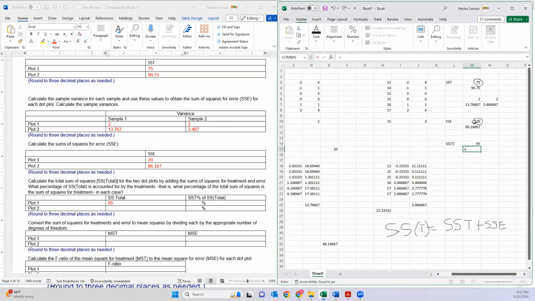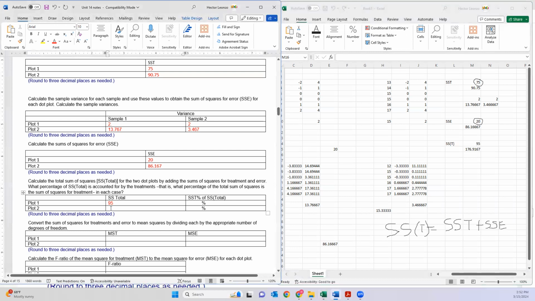And for plot two, it's going to be 90.75 plus 86.66666. And my answer, I have to round it to 3 decimal places. So I'm going to call this 176.917.